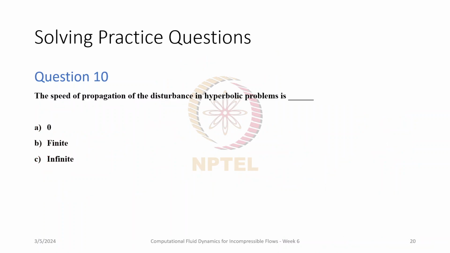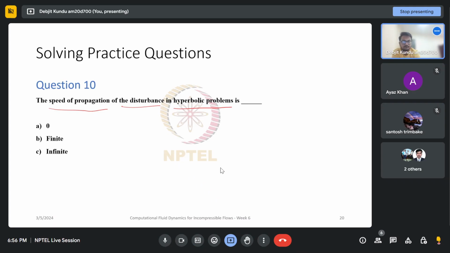It is asking us the speed of propagation of the disturbance in hyperbolic problems is what? Is it zero? Is it finite? Or is it infinite? A, B, or C?